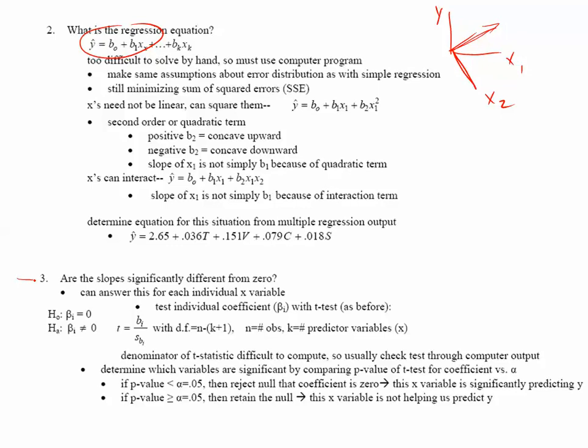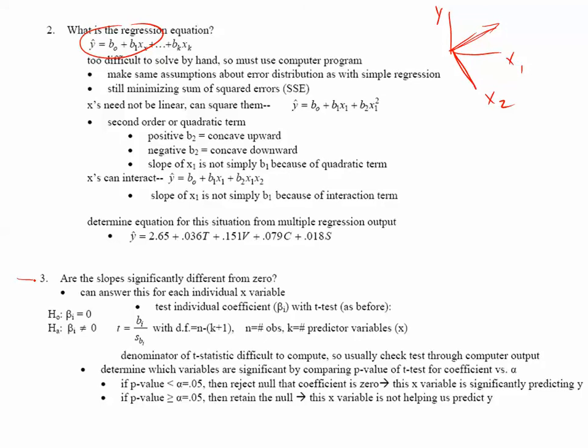Are the slopes significantly different than 0? We start with the assumption that the slope is equal to 0, that beta 1, 2, 3, 4, whatever the slope, is equal to 0. If the t-statistic is less than 2 and the p-value is greater than 0.05, then we would fail to reject, or retain, the null.